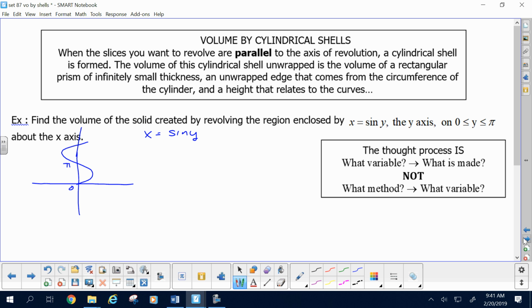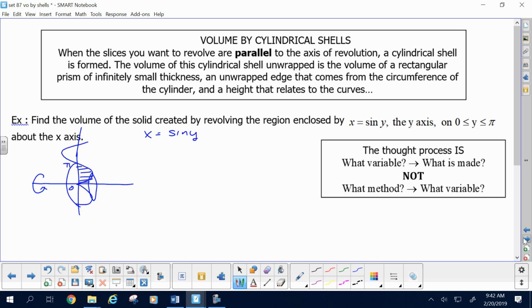And if it's about the x-axis, then the region would be reflected this way, and I'm getting something like that. Right? With me?